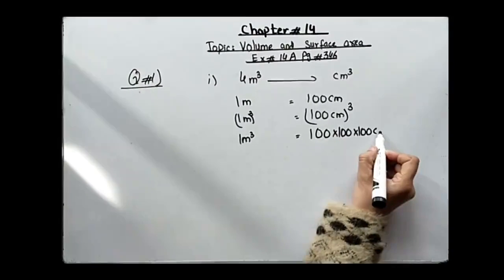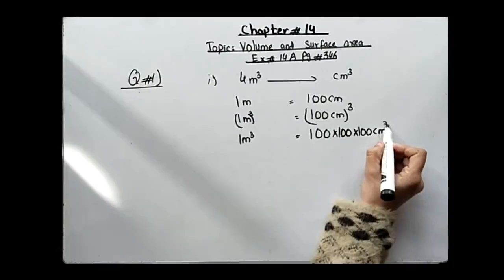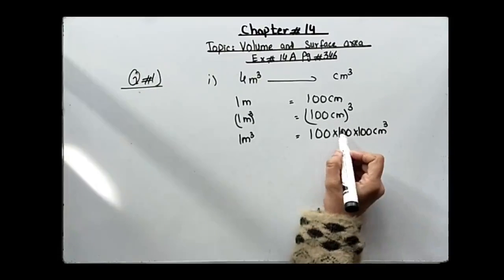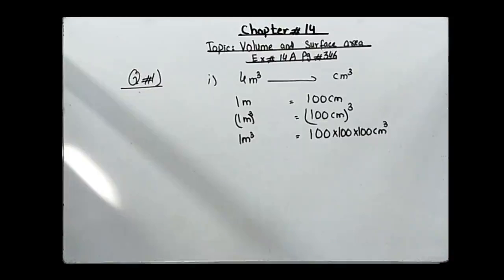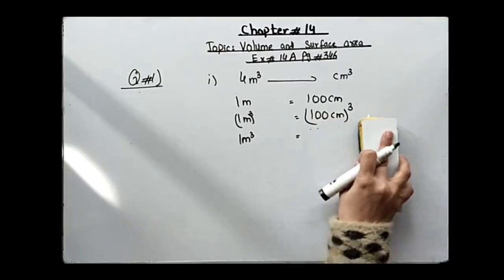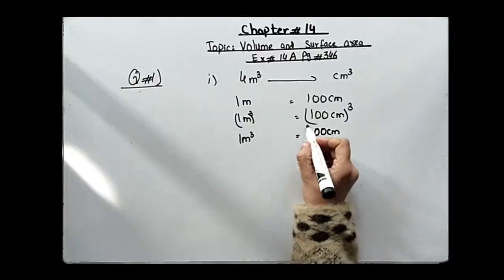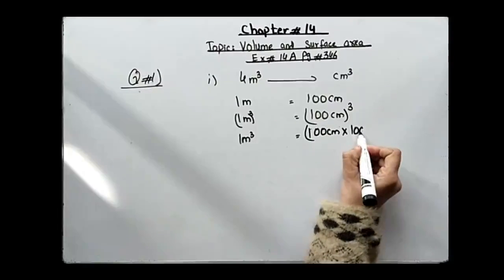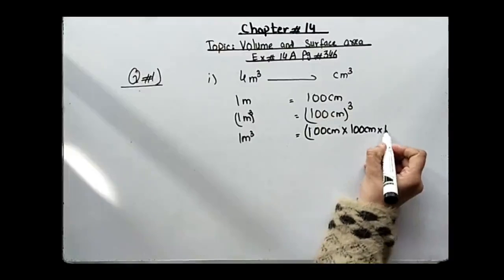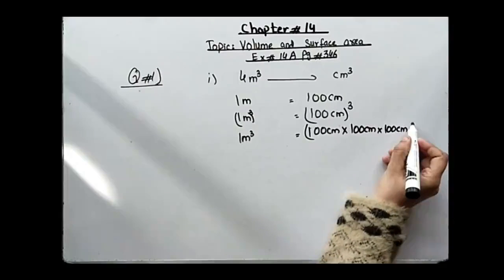And then centimeter will become cube, because 100 centimeter will multiply with 100 centimeter. You will write here just like this: first write 100 centimeter multiply 100 centimeter multiply 100 centimeter.